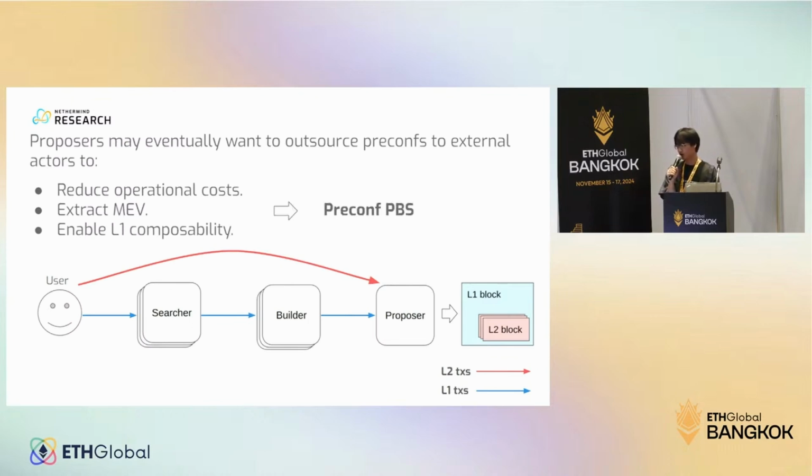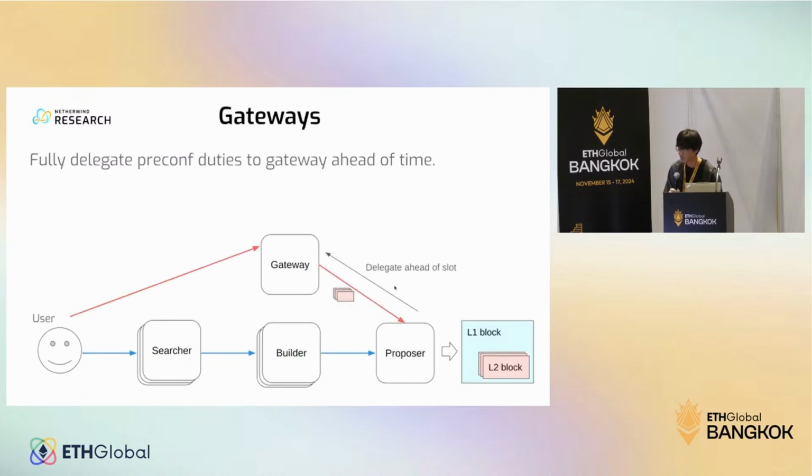So we might want a pre-confirmation PBS. How can this happen? One way is to have a gateway, as we call it, to fully delegate to. This gateway will do the pre-confirmation duty instead of me, and you delegate to this specific gateway ahead of your slot. And the gateway does PBS.